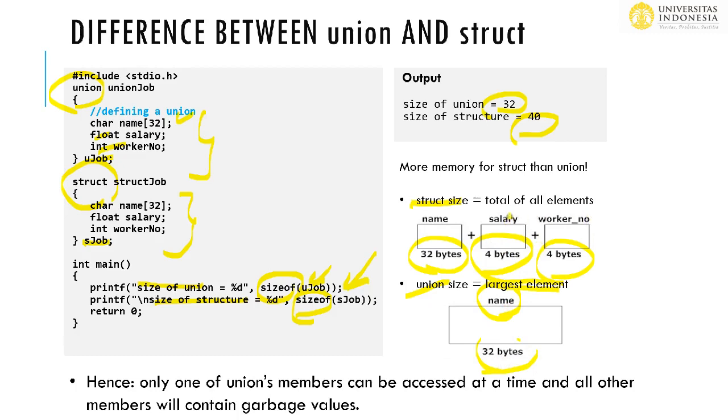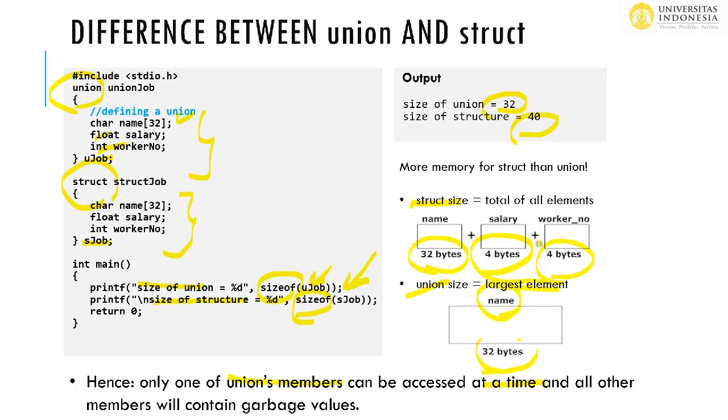So in this case you save 8 bytes less than the ordinary structure. But still remember, only one of the union members can be accessed at a time. It's different from the structure.